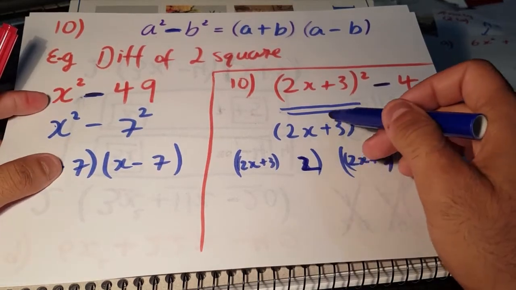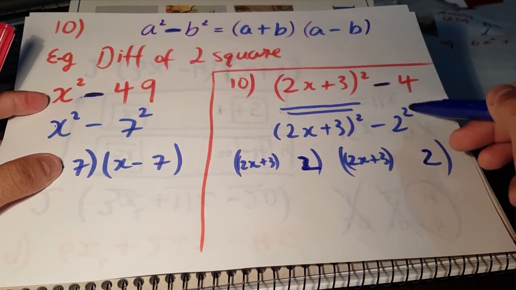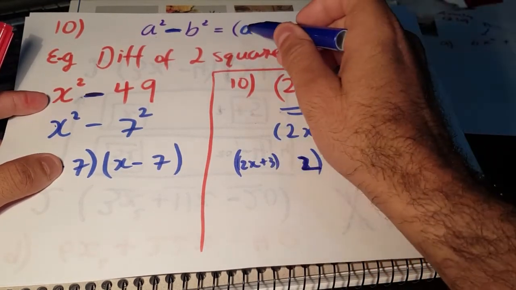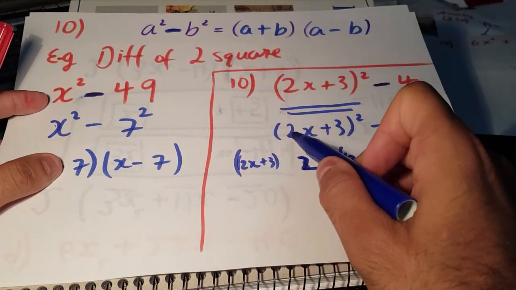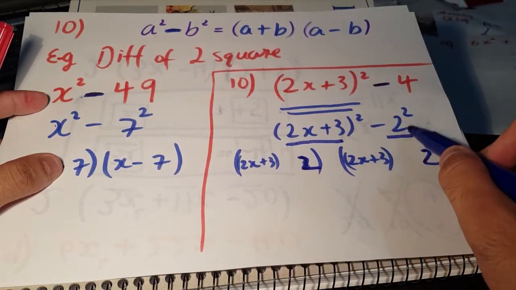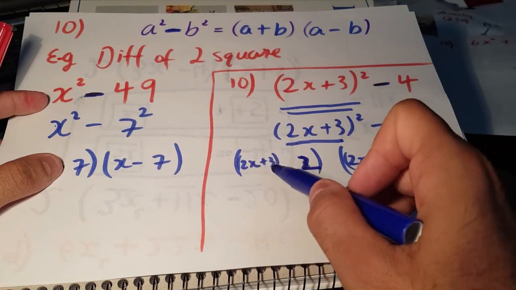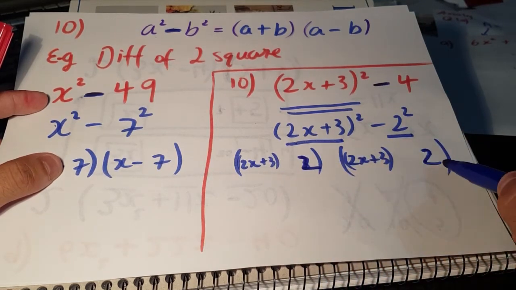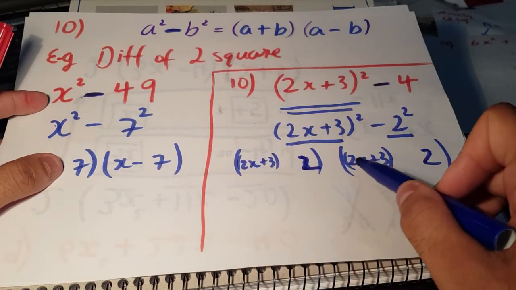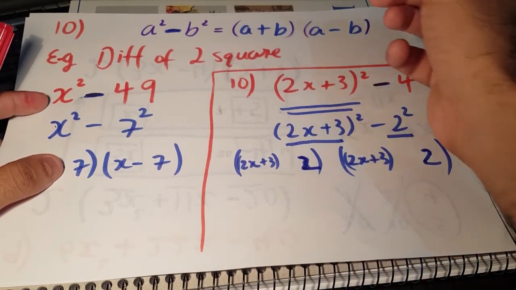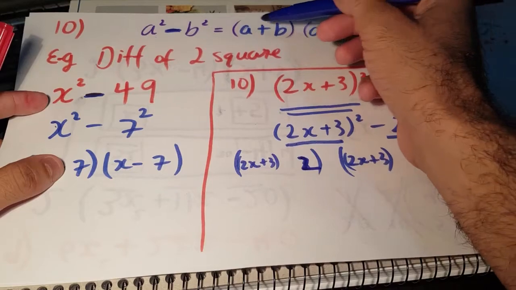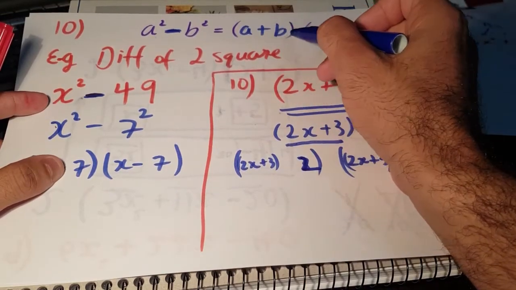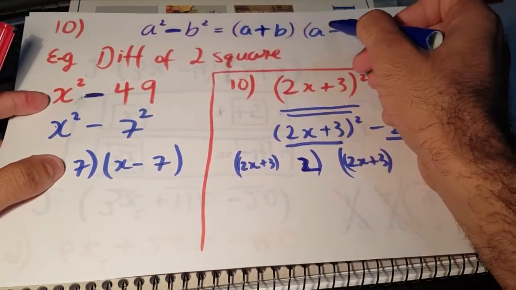So this is our a squared minus b squared. These are a and b, a, b, a, b. So it'll be the left side and the right side. That's a, so it's 2x plus 3, 2, and 2x plus 3, 2. That's our a, that's our b. As we all know, if we create the bracket with a and b, we should have a plus and a minus.